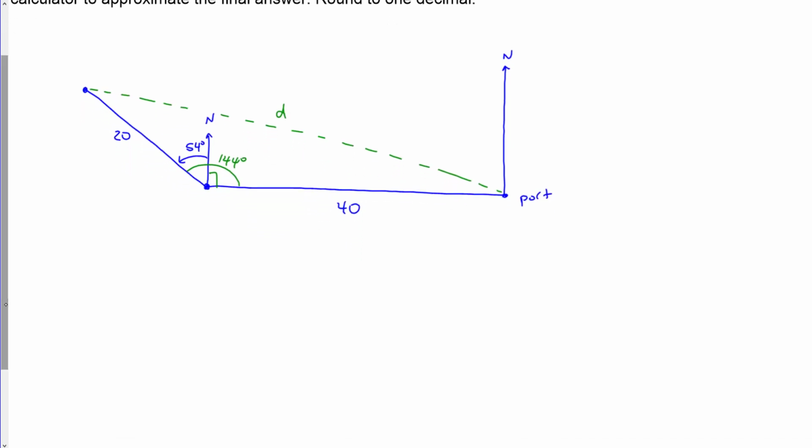So to solve for d, I would say d squared is equal to 20 squared, oops, force of habit, 20 squared plus 40 squared minus 2 times 20 times 40 times the cosine of the angle between them.